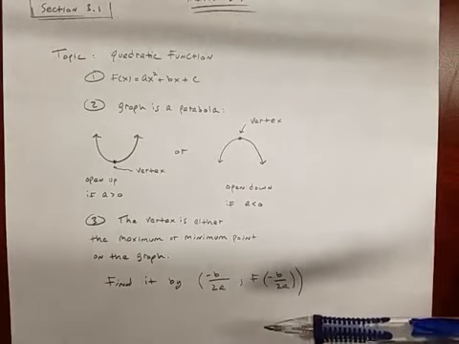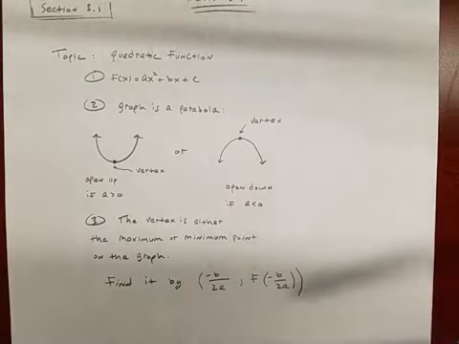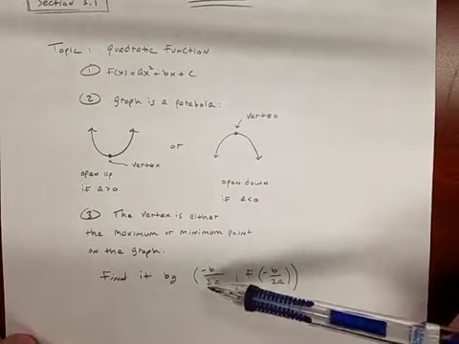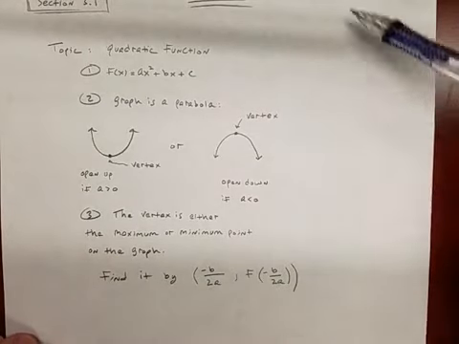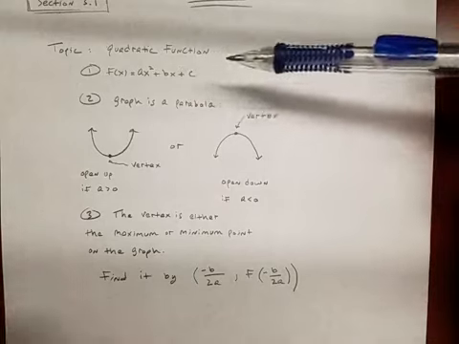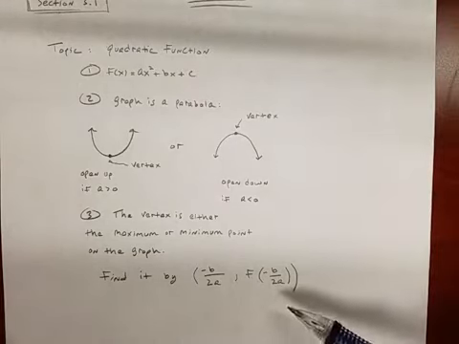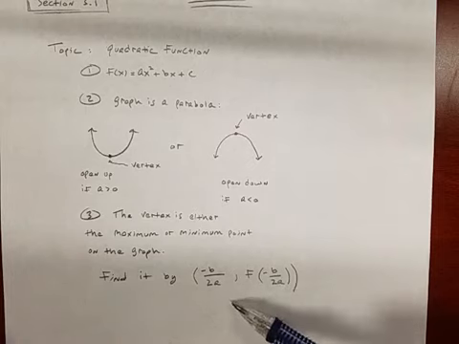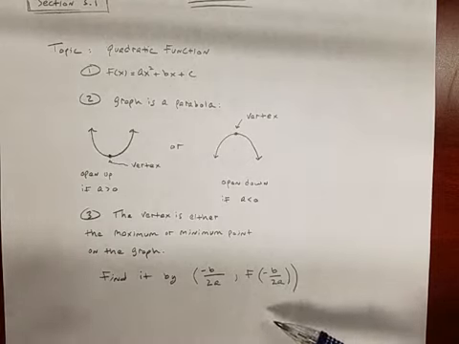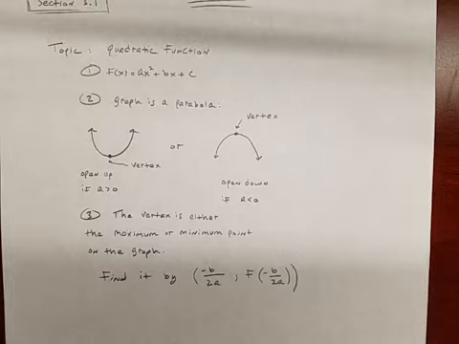How do you think you find the y coordinate? You take that number that you got for x and you put it in there, and that's always how you get y. You can translate that as just plug the x into the function and you get the y. And that's always how it happens.